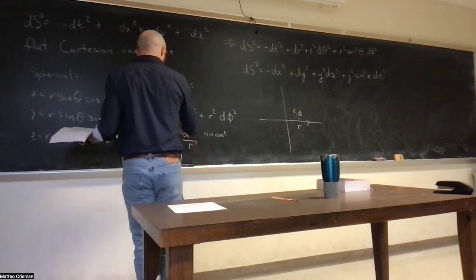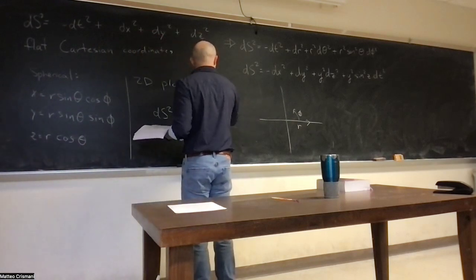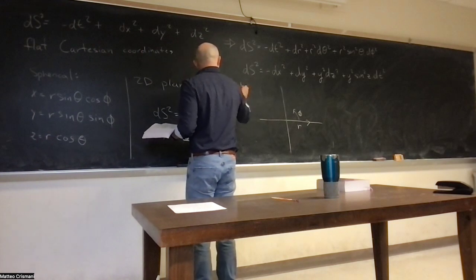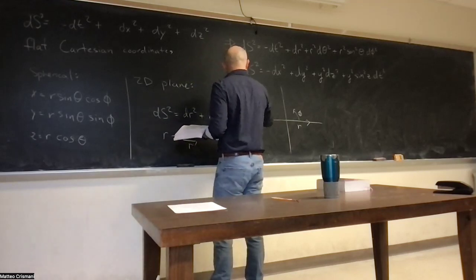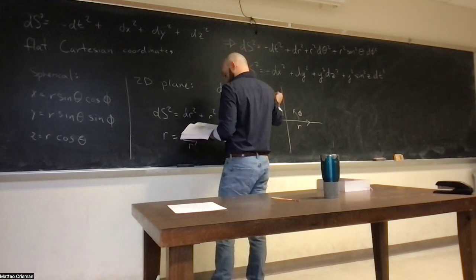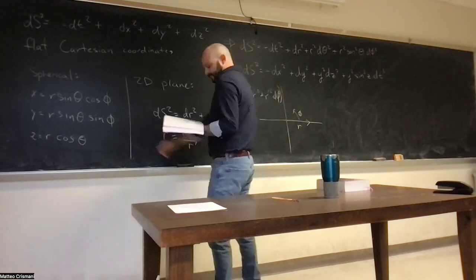Okay, so we take this new one and we would write it like ds squared is equal to a to the fourth, that's just our constant, over r prime to the fourth, all times dr prime squared plus r prime squared d phi squared. Good.